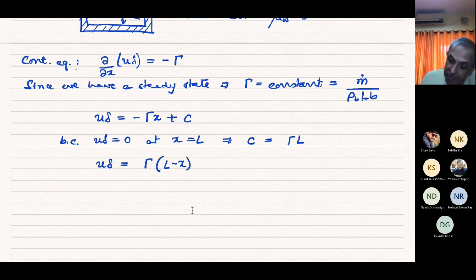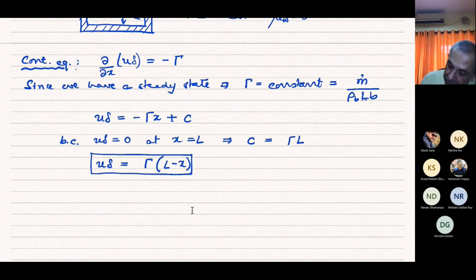It's saying that whatever is the change in the flux is entirely due to the rate at which the material is being deposited on the surface. And this is something that we can even get from just simple physical arguments. Units are correct. This is velocity into distance. Gamma also has units of velocity times the distance. So this is what is the mass balance or continuity equation. This is what it will give us.